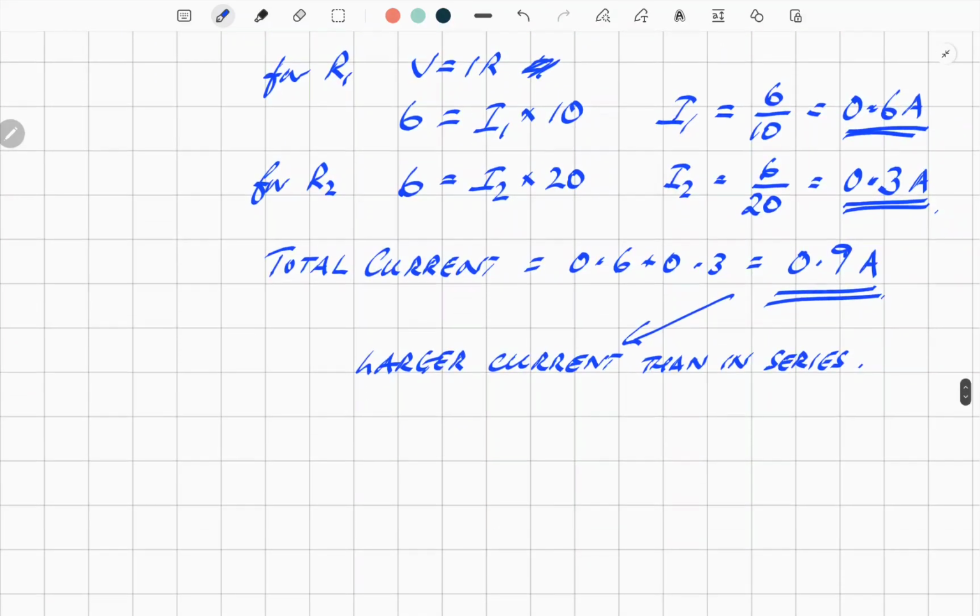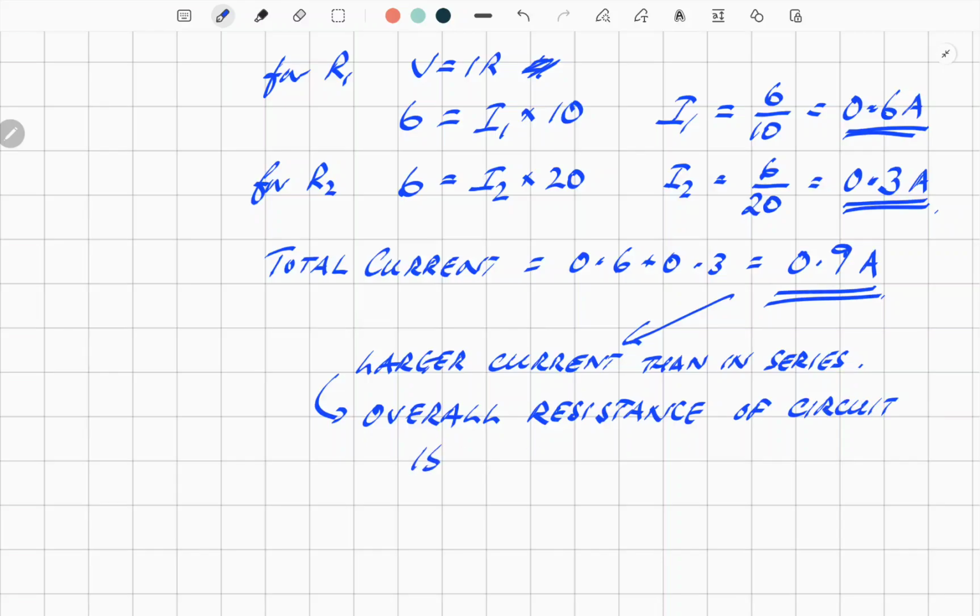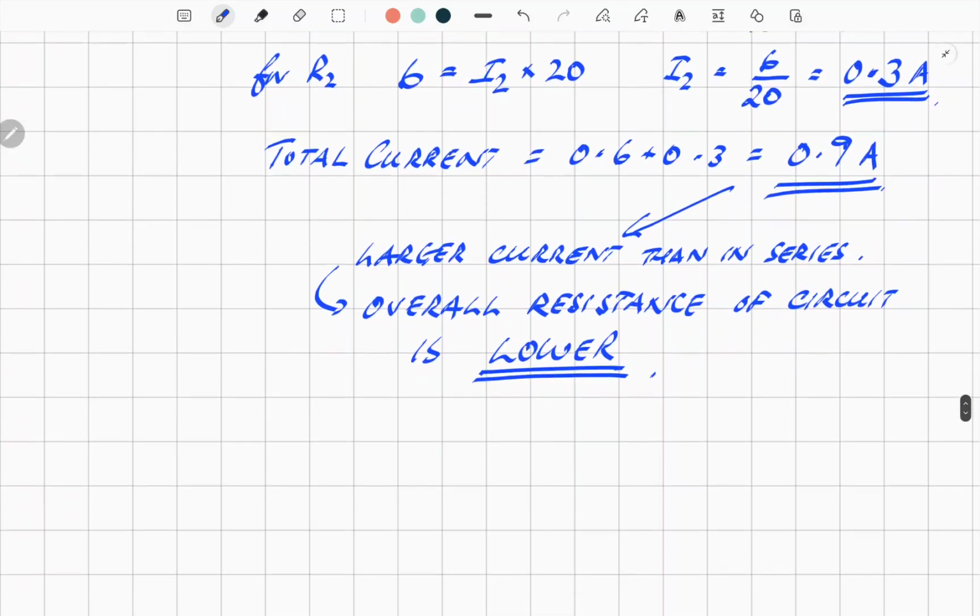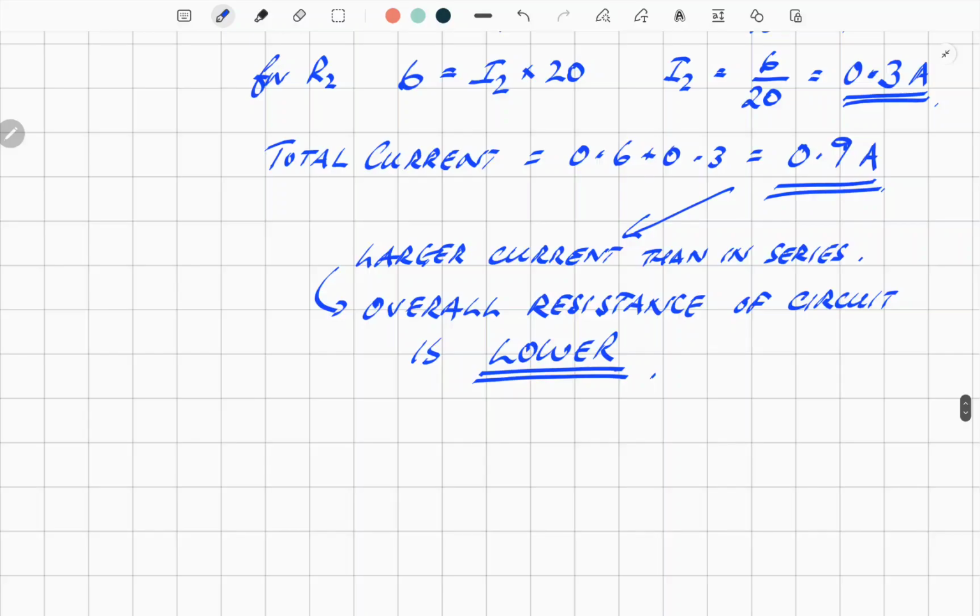And if there's a larger current, it means that the overall resistance of the circuit is lower. So this is the sort of thing that you get in a question to compare series and parallel. Parallel circuits lower the resistance in general. That's what we've just demonstrated.